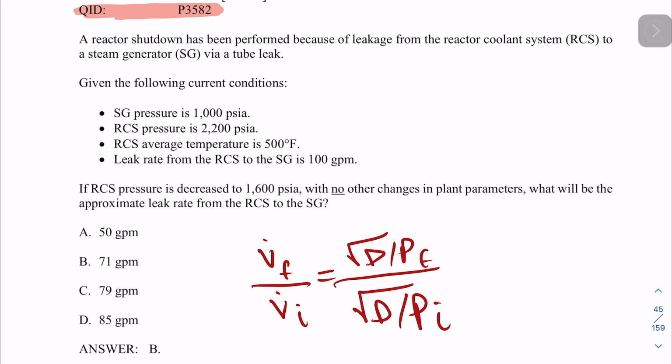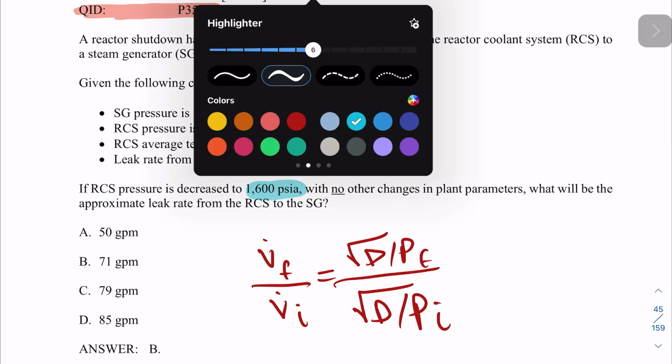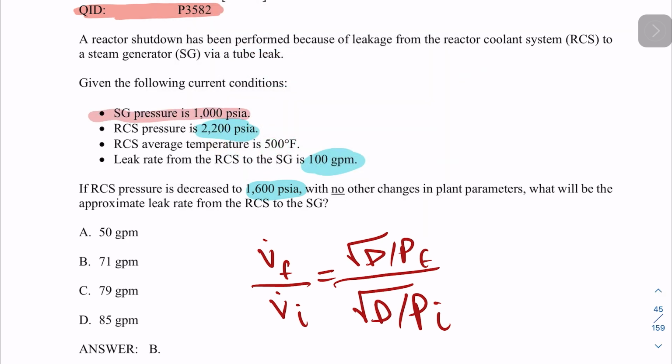Because we are getting here the 10 GPM, that's what we're going to be using. We are also going to be using the differential pressure of 2200, and then we're going to be using this one. Or differential pressure, because this is the one that stays constant, or pressure on the steam generator, because we're talking about a leak in the steam generator, right?